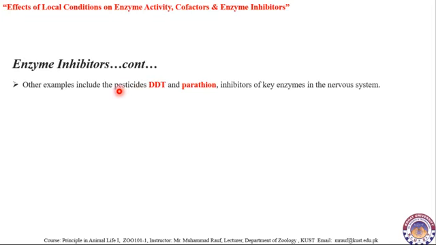The farmers usually spray their crops to avoid damage from insects or pests. So these are the most widely used pesticides, and their mode of action is that they inhibit key enzymes in the nervous system of the insects, and as a result the insects die.